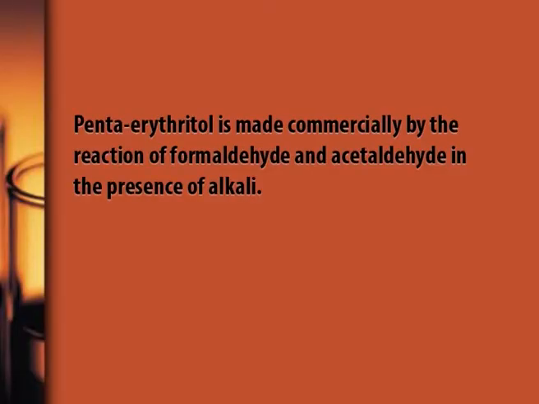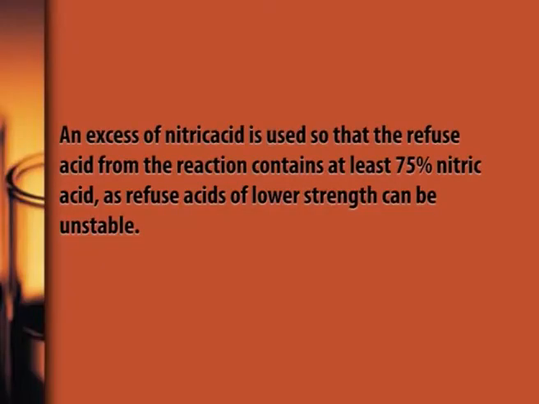Pentaerythritol is made commercially by the reaction of formaldehyde and acetaldehyde in the presence of alkali. It can be nitrated by adding it to strong nitric acid at temperatures below 30 degrees centigrade. An excess of nitric acid is used so that the refuse acid from the reaction contains at least 75% nitric acid, as refuse acids of lower strength can be unstable.